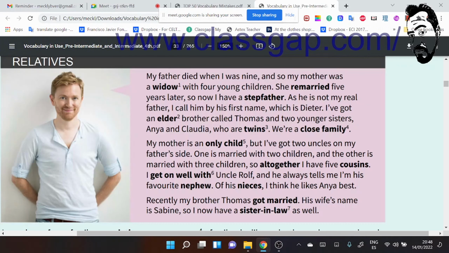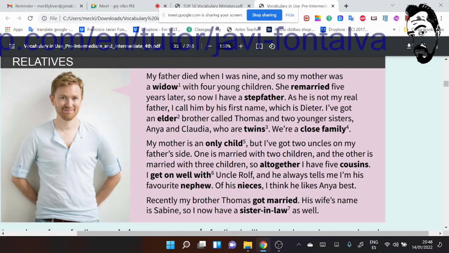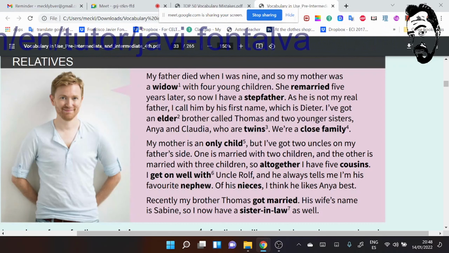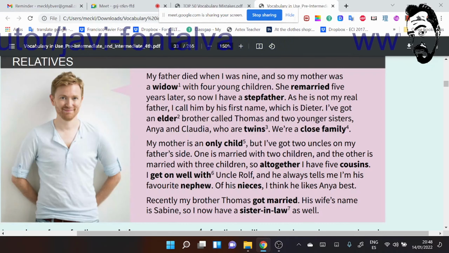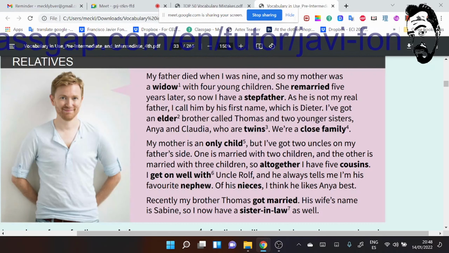We're a close family. My mother is an only child, but I've got 2 uncles on my father's side. One is married with 2 children, and the other is married with 3 children.